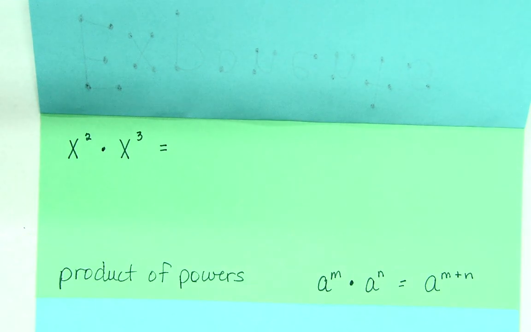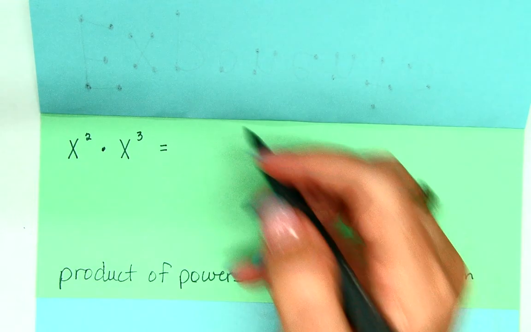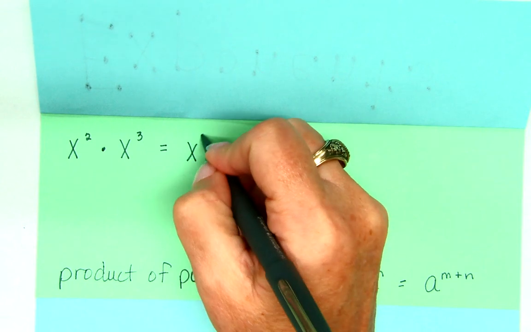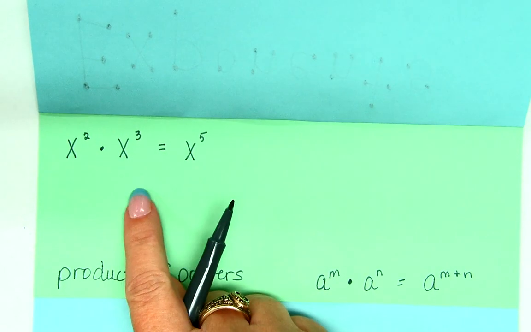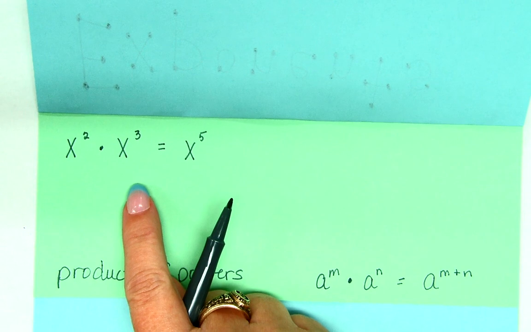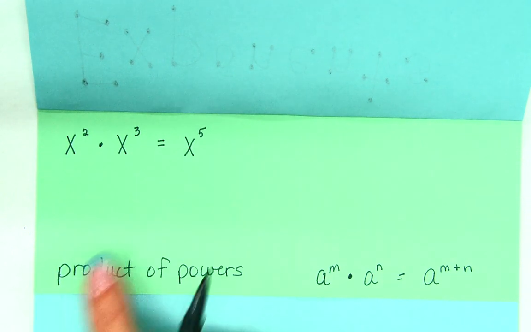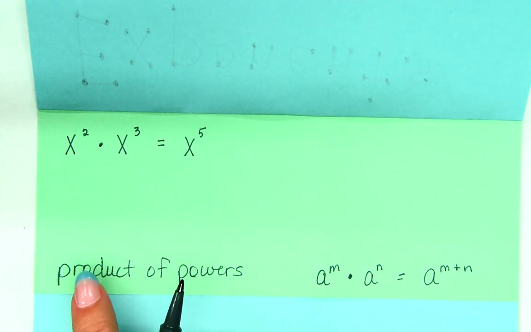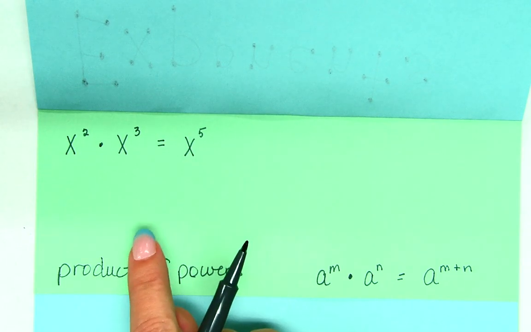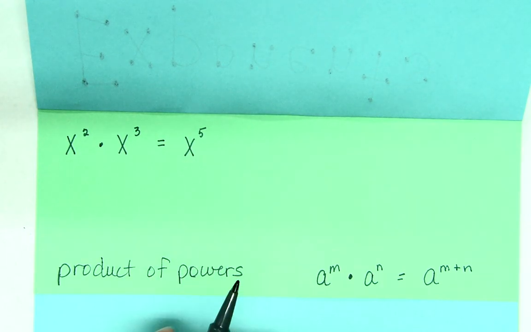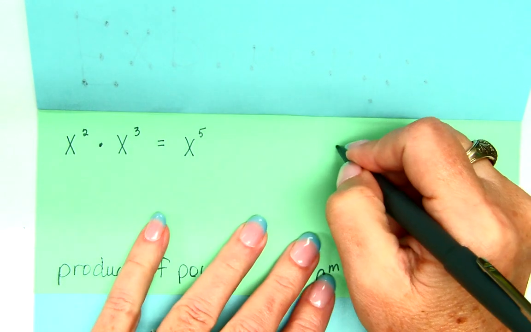What should x squared times x cubed equal if we're following this rule? X to the 5th power or x to the power of 5. Okay? Is this new information to you? No, you already know this, right? Not only did you learn it in Algebra 1 or maybe even earlier than that, but for sure Algebra 1, we've actually already done stuff like this in class, right? Okay? So let's talk about the new information part.